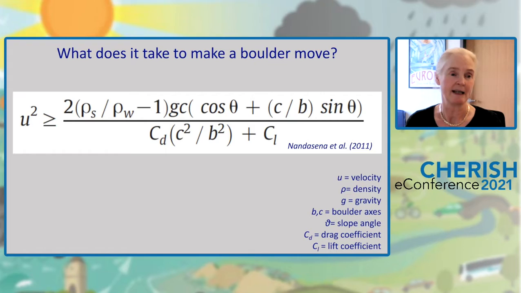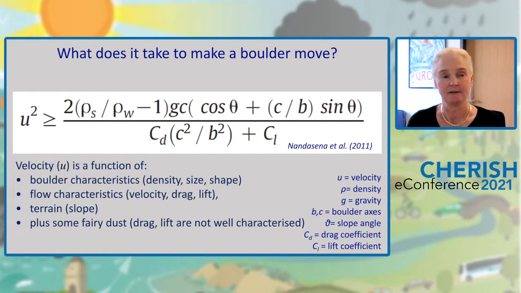And what this is saying is that the velocity, u, is a function of a number of boulder characteristics: the density, the size of the boulder, its shape, the relative sizes of the 3 axes, the characteristics of the flow that moved it, its velocity, the drag it exerted, the lift forces, and something about the terrain. In this particular case, the slope is what's used.